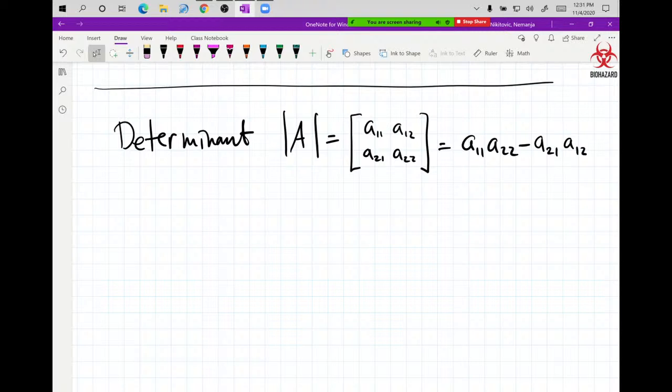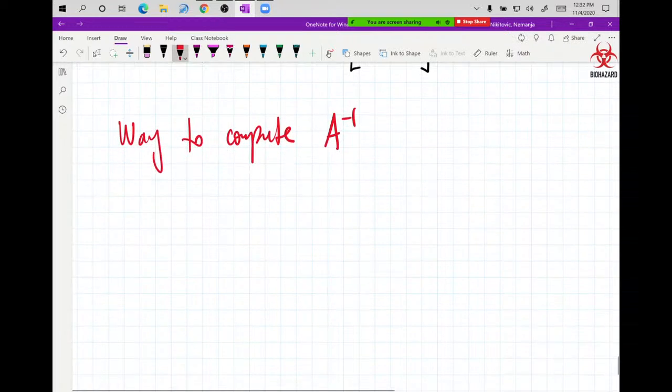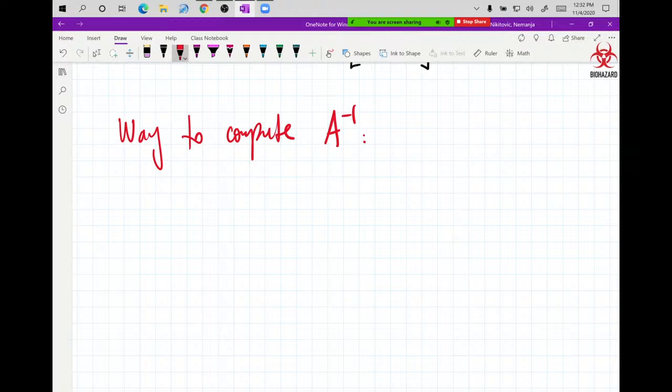Here is the way, now that I have the determinant, I can finally define a way to compute A inverse. Now that's a procedure. So given, let's say your matrix is, and this is only for 2 by 2, a way to compute a 2 by 2 A inverse.